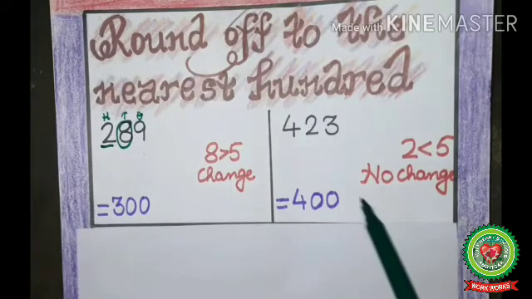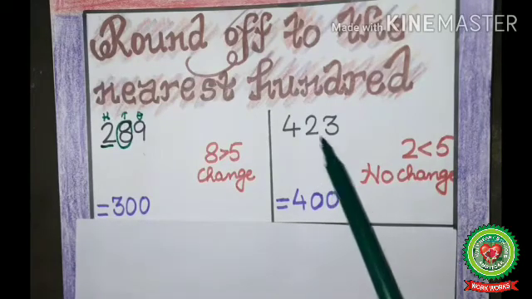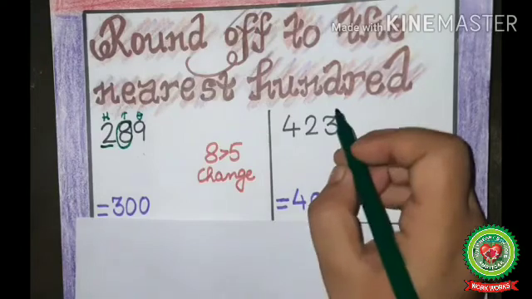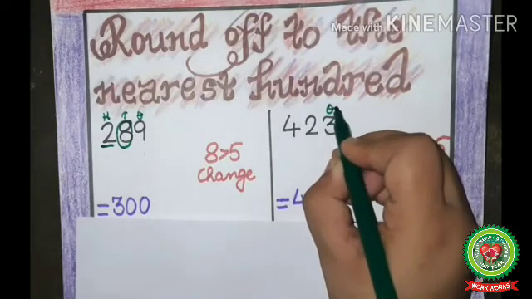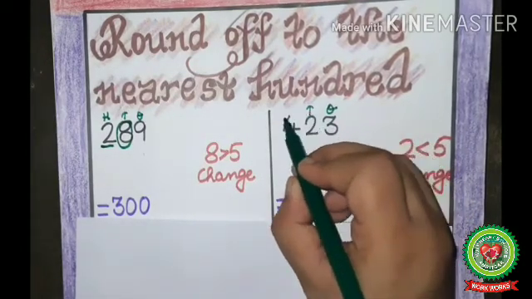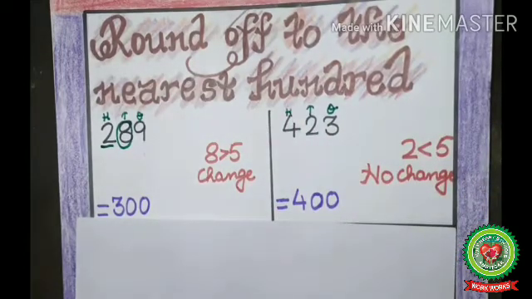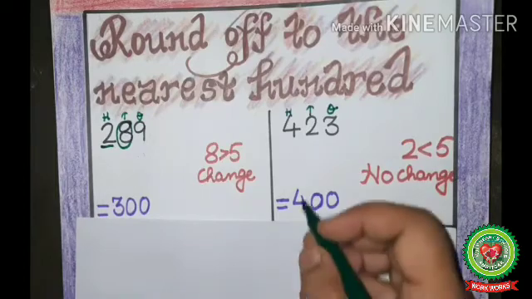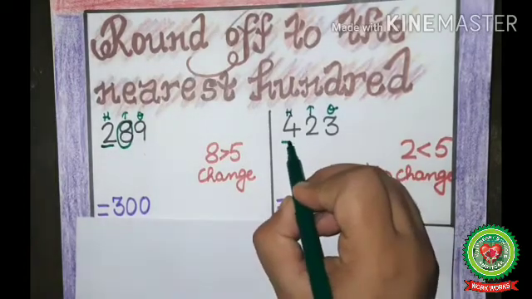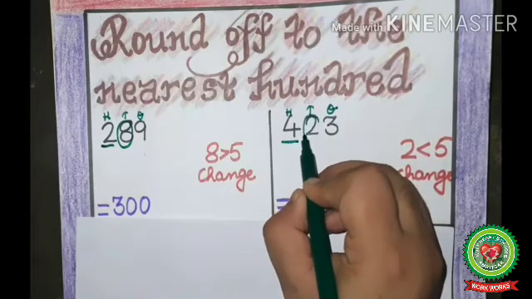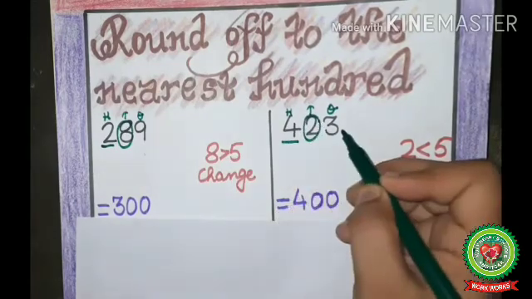Now let's take example number 2. 423. Students, what is the first step? First step is write down the place value table: ones, tens and 100. Next step is underline the digit at the hundreds place and circle the digit at the tens place.